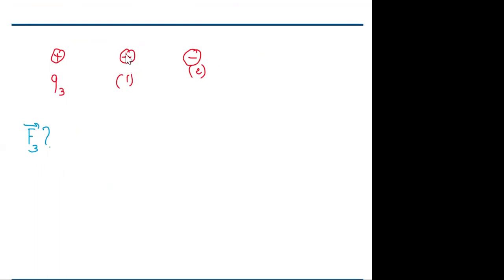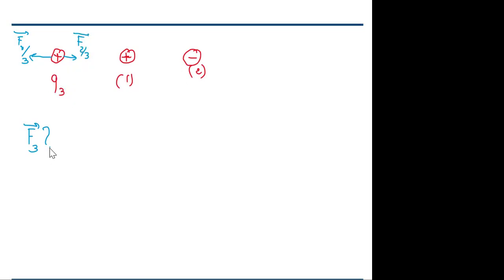Q1 exerts a force on Q3, and this force is repulsive because both have the same sign. Both of them are positive. So this is F1 on 3. Let's see now the charge Q2. Q2 is negative, so the force is attractive between 3 and 2.